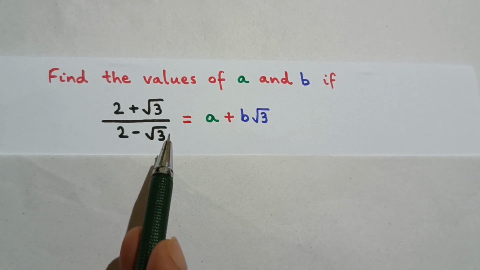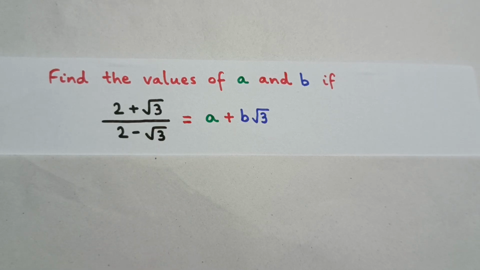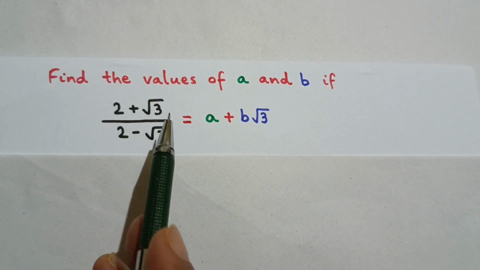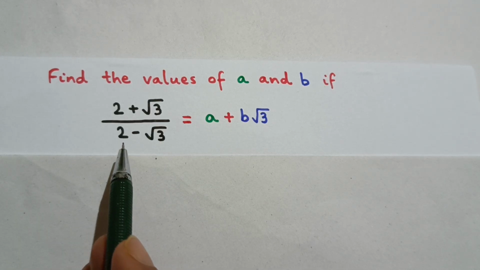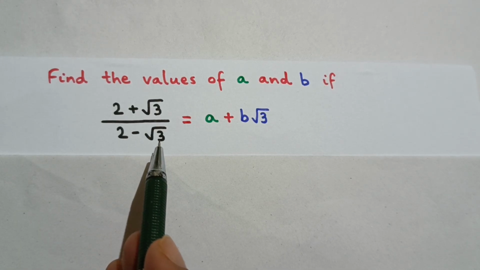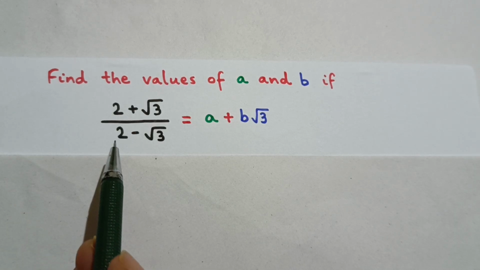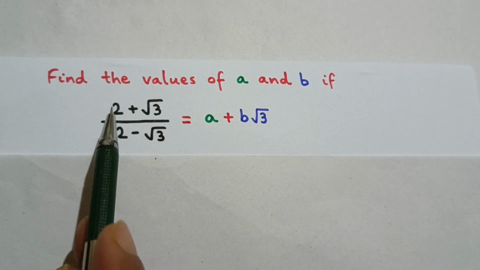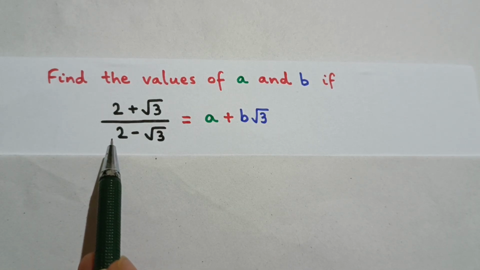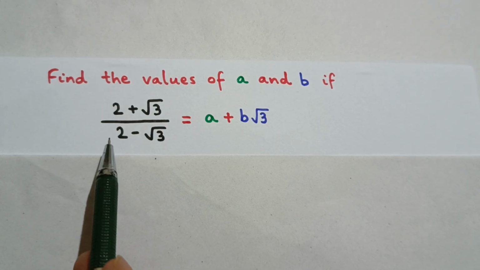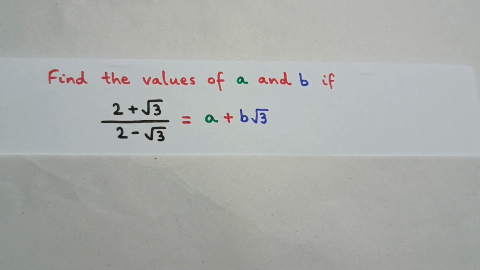In this expression, the denominator is 2 minus square root of 3, and 2 minus square root of 3 is an irrational number. So what I am going to do is rationalize the denominator of the expression which is on the left hand side of this given equation.